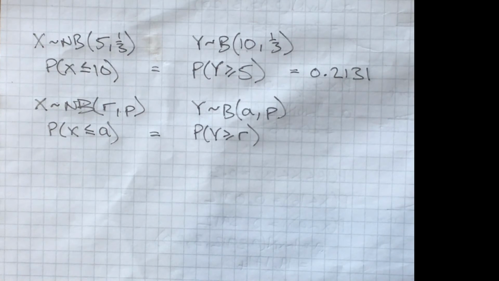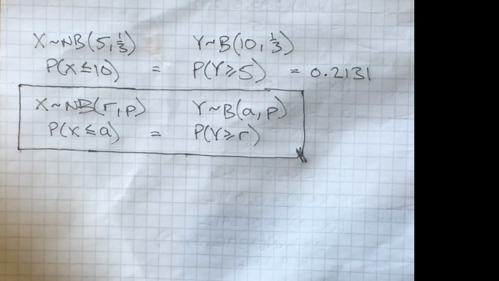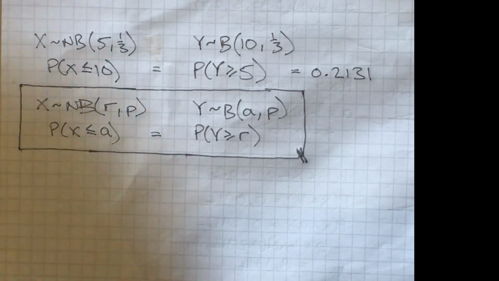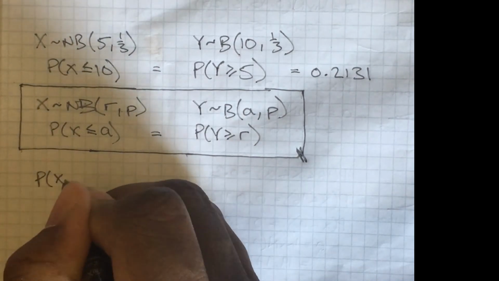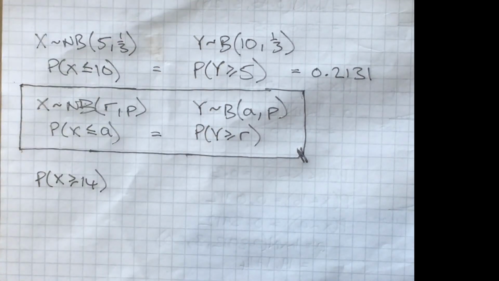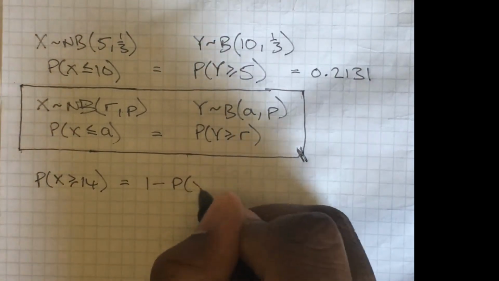Now this relationship is always going to exist between the negative binomial and the standard binomial distribution. Now rather than trying to remember this as a standard result, I'd rather that you could just get the concept and in your head be able to go from the contextual negative binomial to the contextual binomial and vice versa.